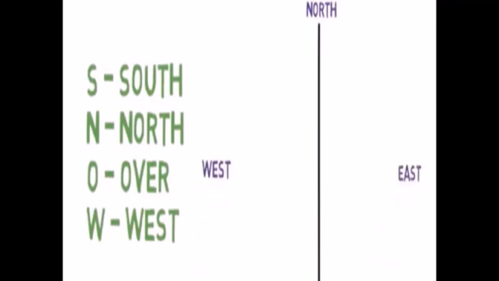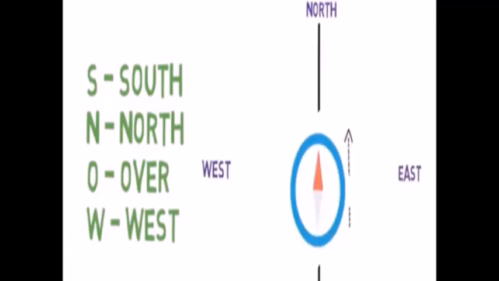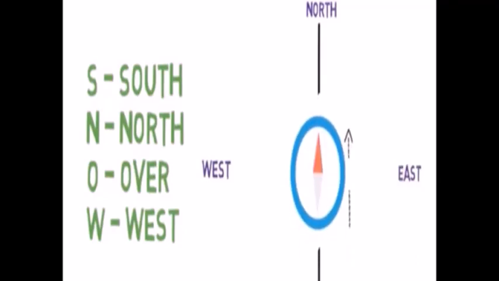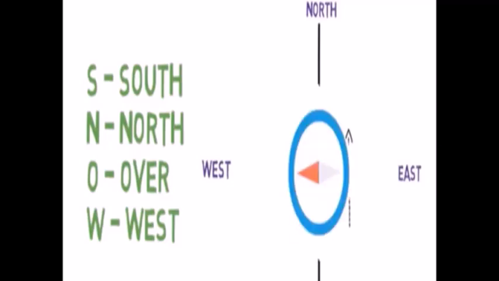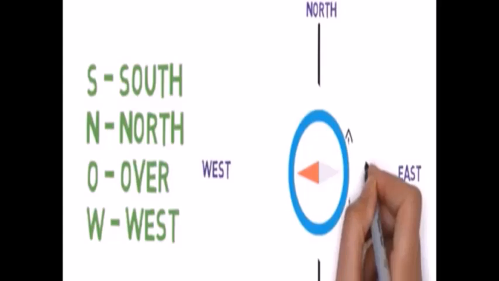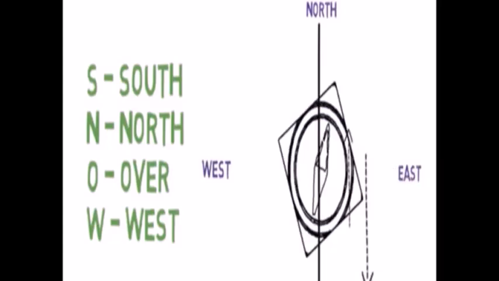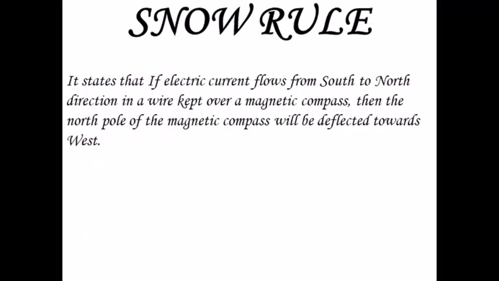So current here now is going from south to north. We have put a magnetic compass under the current carrying wire. You can see the deflection is towards the west. When the current goes from south to north, the compass turns towards west, and it turns towards east when the current direction is changed. This rule is known as the SNOW rule.